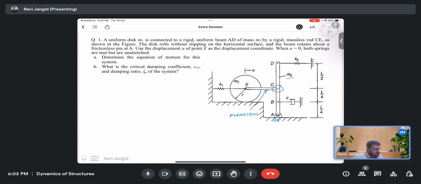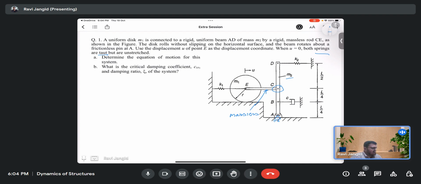So we use the displacement u: if we give an initial displacement u to the disk at point E as the displacement coordinate, when u is equal to 0, the springs are taut but unstressed. For that case, we need to develop the equation of motion, and then we need to find the damping coefficients. So for this we will make a free body diagram.